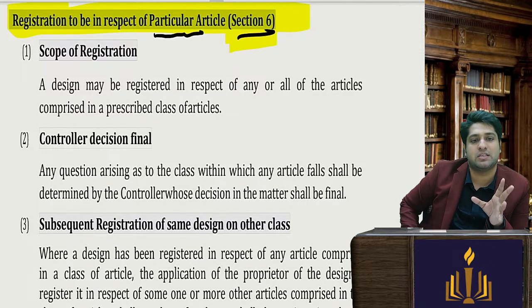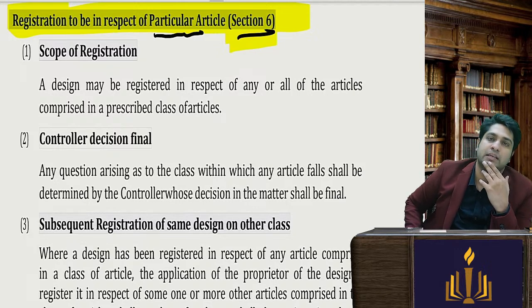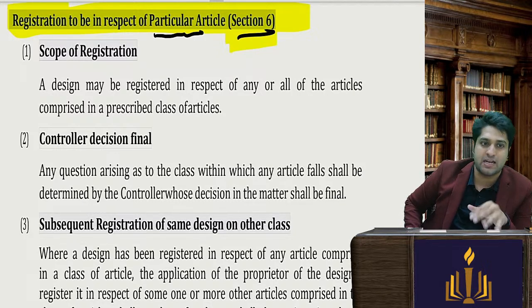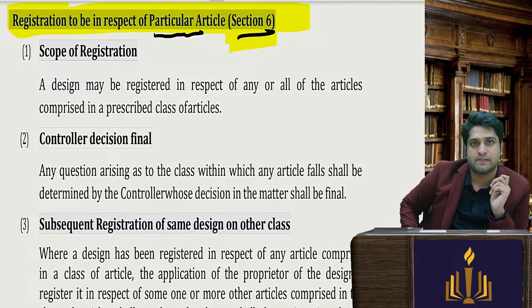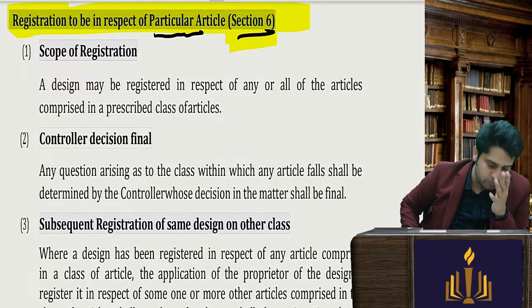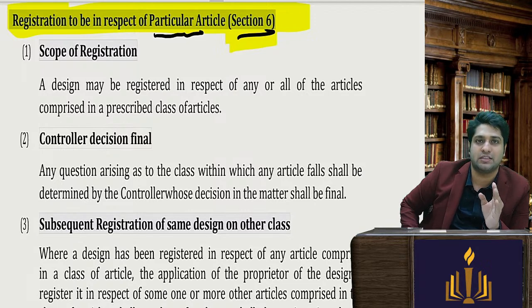When you register a design, is it for a particular article or multiple articles? Think and tell me, because when I read the provision I will check your knowledge. Is the design registered for one article or multiple articles? So the answer is multiple articles. You must have said particular article, right?